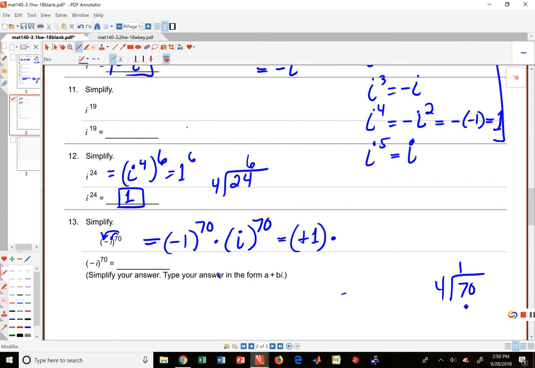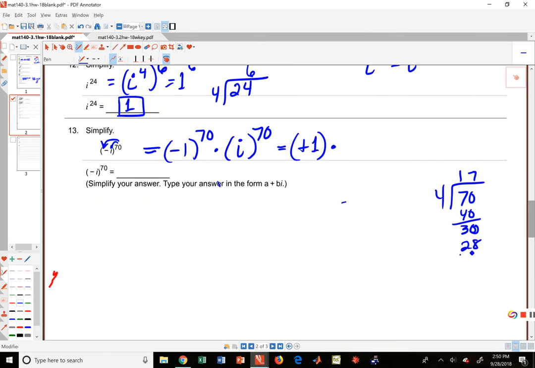4 goes into 7 once with 3 left over. How many times does 4 go into 30? Well, 7 times. 28 with 2 left over. Okay, now let me just show you what we're going to do here. So what we're going to do is write this as i to the 4th to the 17th power times i squared.